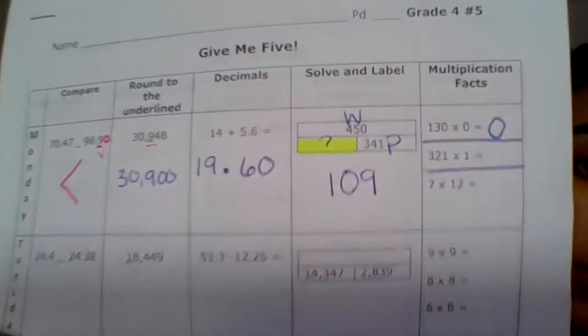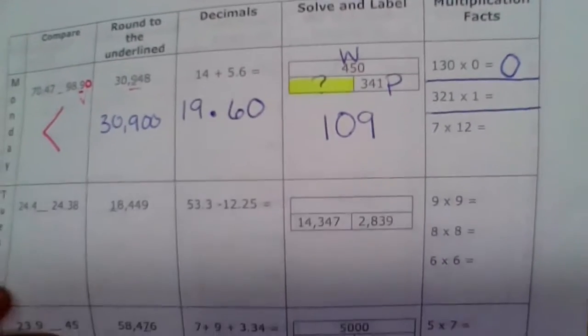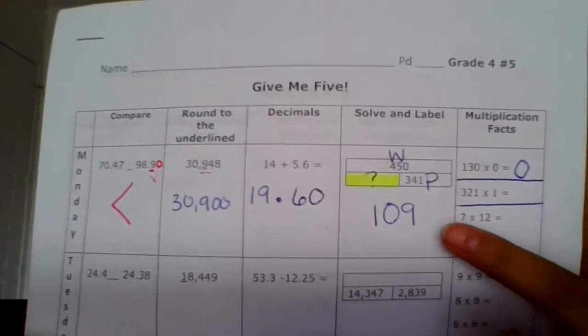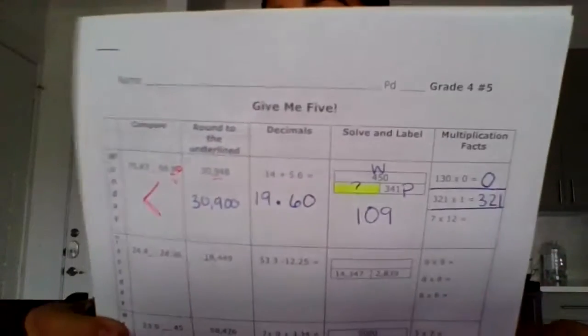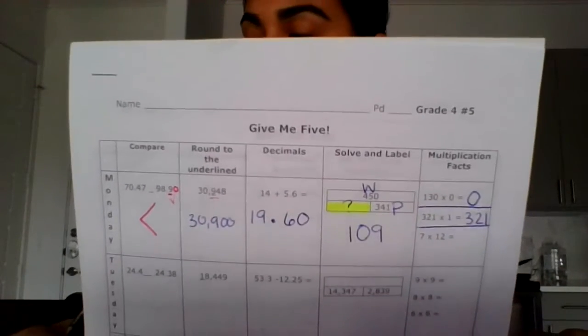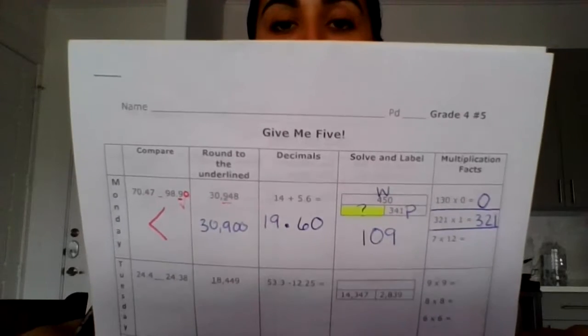Any number times 1 is itself. So 321 times 1 is 321. And last but certainly not least, 7 times 12 is 84.